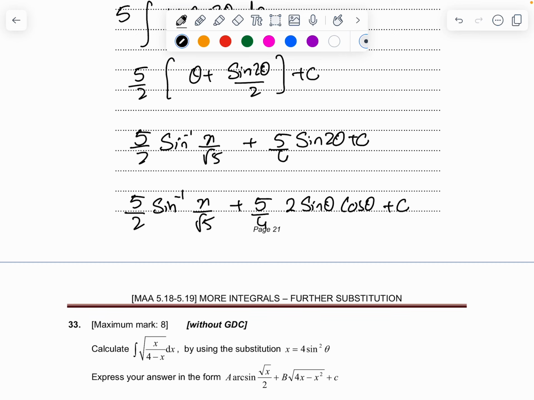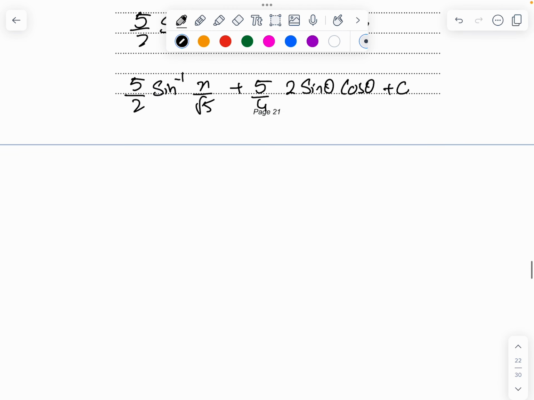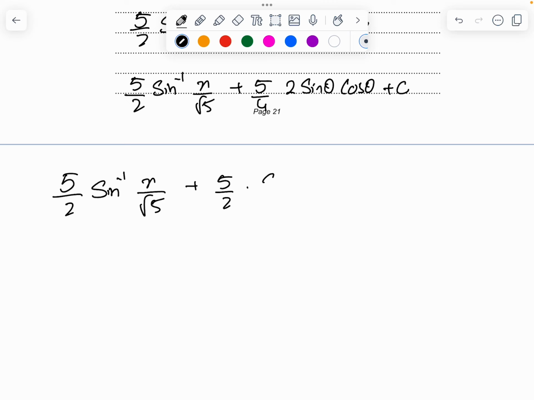So I add a page over here because it requires some working. So 5 upon 2 sin inverse of x upon root 5 plus 5 upon 2 sin theta cos theta. What is sin theta? Sin theta is x upon root 5. Cos theta is square root of 1 minus sin square theta, 1 minus x square upon 5 plus c.